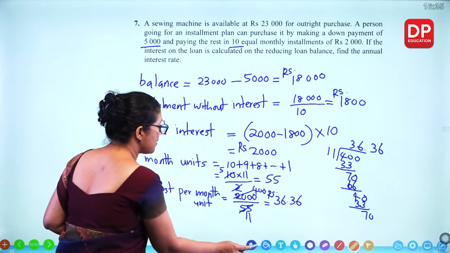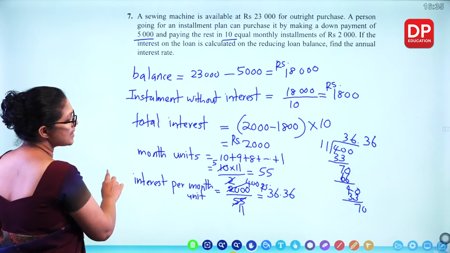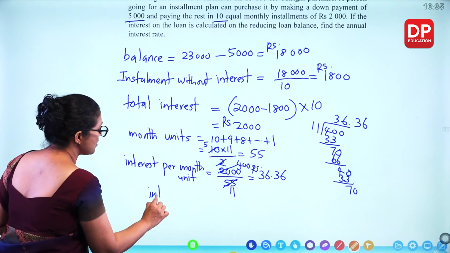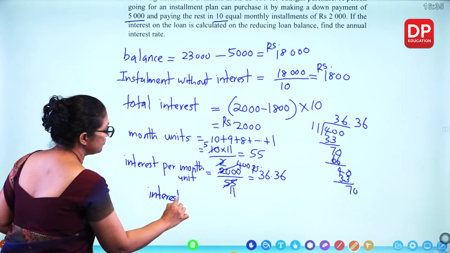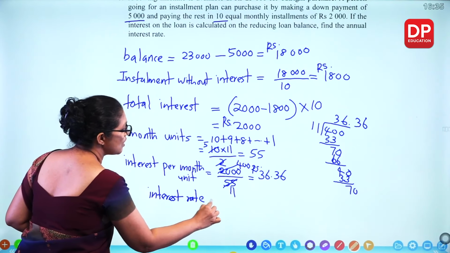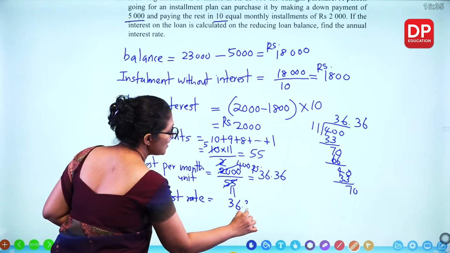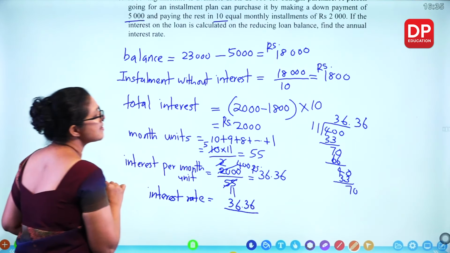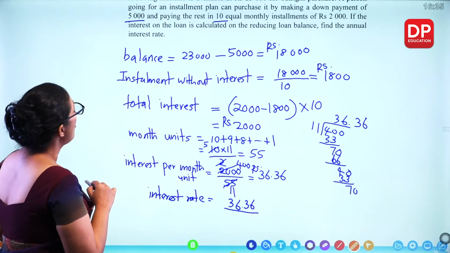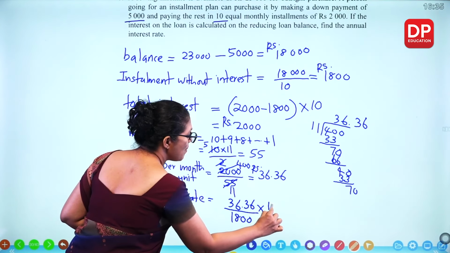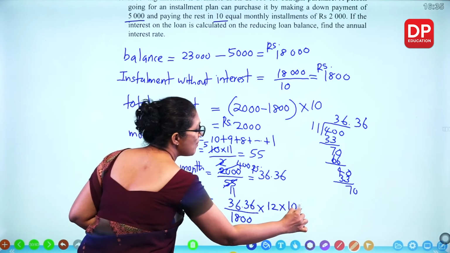So what's the interest rate? The interest rate is: he needs to pay 36 rupees and 36 cents for 1,800, multiplied by 12 and multiplied by 100%.